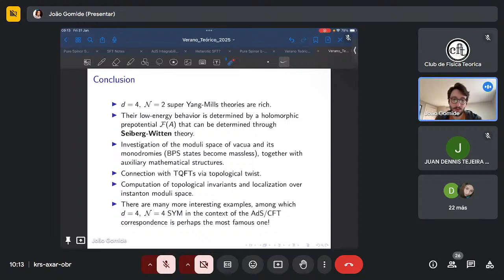And maybe the most famous one is d equals 4 N equals 4 super-Yang-Mills, which is dual to string theory on AdS5 times S5. And it was basically the birth of the AdS/CFT correspondence, which is the greatest advance in theoretical physics in the last 30 years.